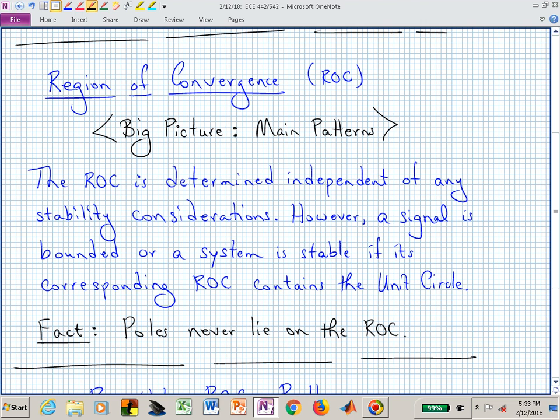If the unit circle is actually on top of that region of convergence or is contained within the region of convergence, then the signal associated with that system is going to be stable. Yes, so the entire unit circle. The region of convergence will be a connected space. It's not going to be too disconnected, and we're going to have 3 main patterns, and that's what I want to start talking about now.